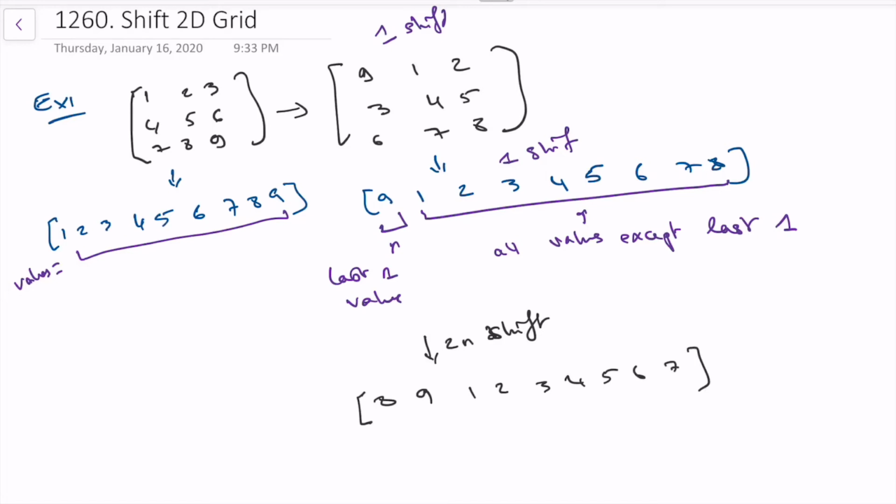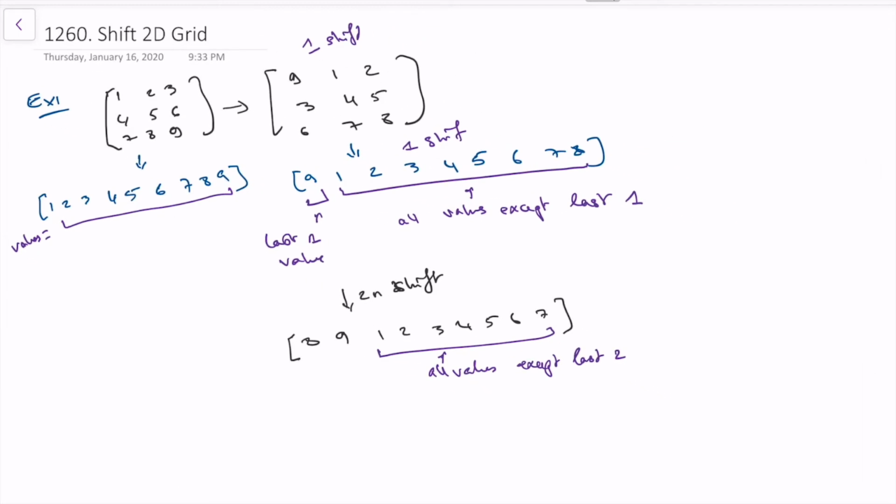So you could see again the same thing happens: here we have all values except the last two, and here we actually have the last two values. And if you keep trying it on examples, you could see it generalizes pretty well.